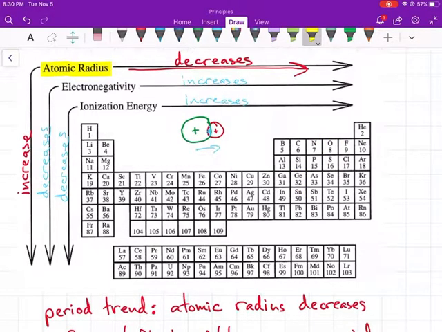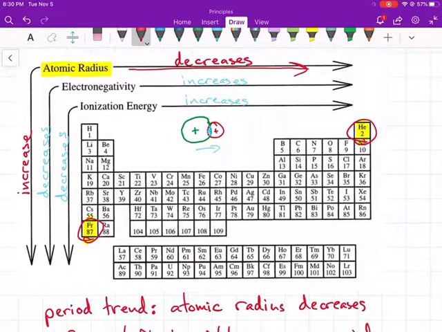The biggest atom in terms of radius on the whole periodic table would be francium, because it is the furthest one to the left and it is the furthest one to the bottom. The smallest atom on the whole periodic table would be helium. Now, if you talk about ionization energy, that would be flipped. So the greatest ionization energy on the whole periodic table is helium, because it's so small. And francium, which is so large in terms of its size, has the least ionization energy.